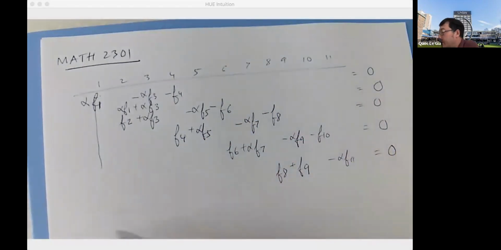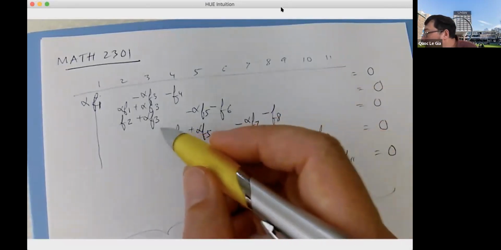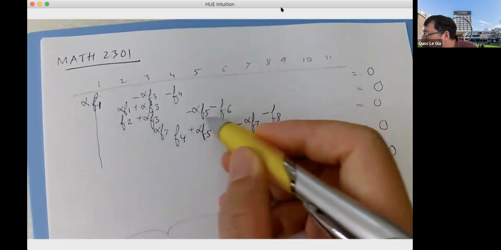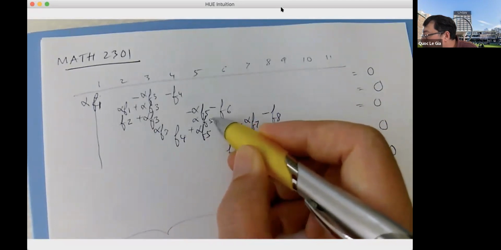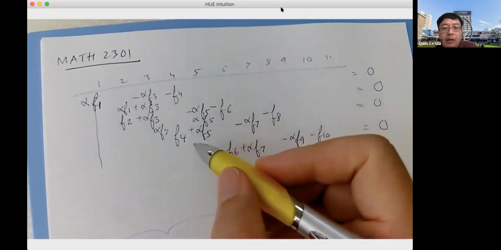Now I want to convert this into the linear system, the matrix A. Maybe we have to write out a few more equations, because we have to write out 11 of them. Alpha F3 plus alpha F5 equals 0.